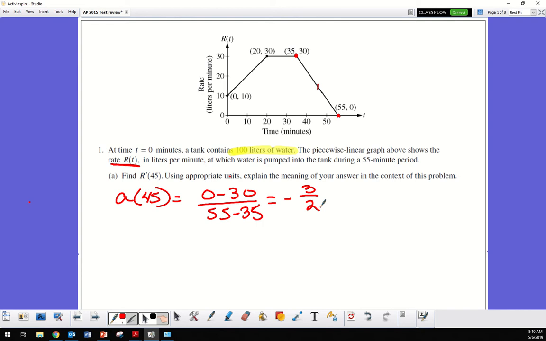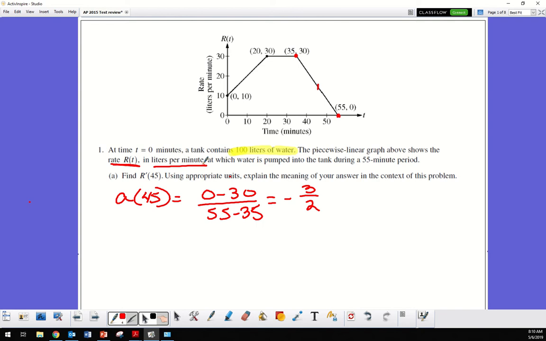Now, what are the units of this? Liters per minute. Okay, this is acceleration though, isn't it? Because I already have the rate. The rate is always the velocity. This graph is liters per minute, so that's a rate, and so that's velocity.